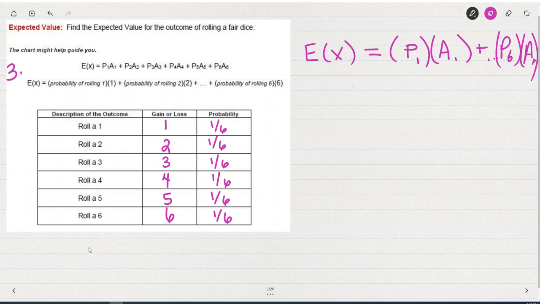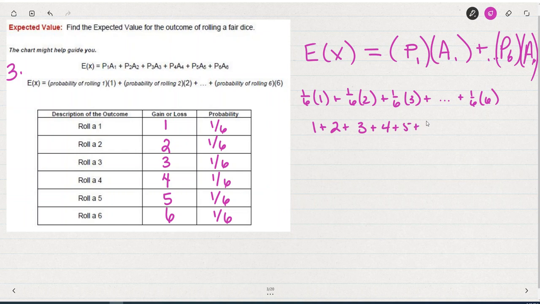The probability of rolling a 1 is 1/6, so we have 1/6 times 1 added to 1/6 times 2 added to 1/6 times 3, and so on up through 1/6 times 6. When you multiply those, we'd end up with the 1, 2, 3, 4, 5, and 6 in the numerator and a 6 in the denominator.